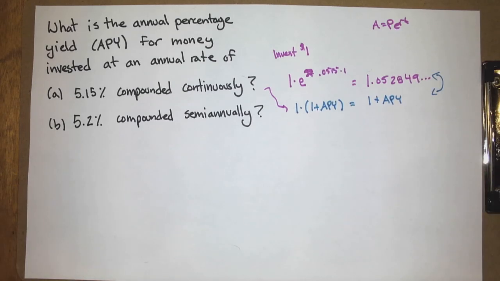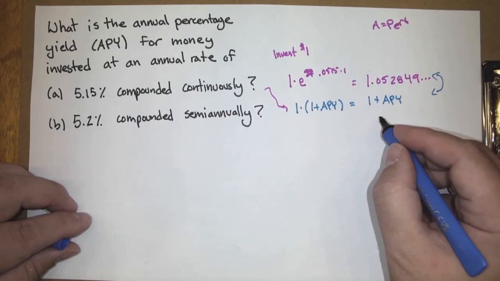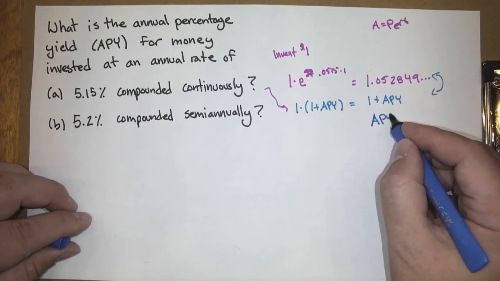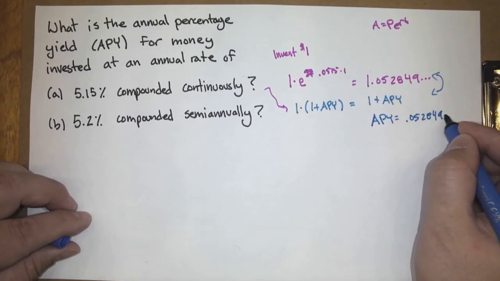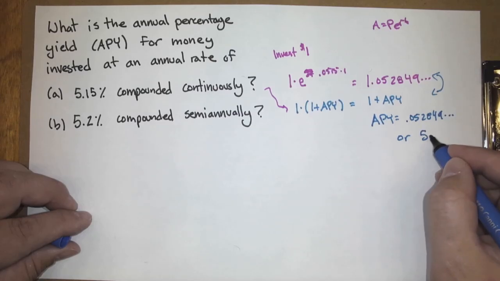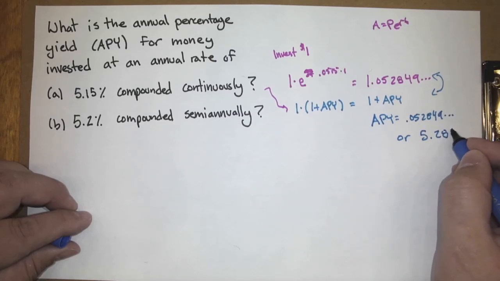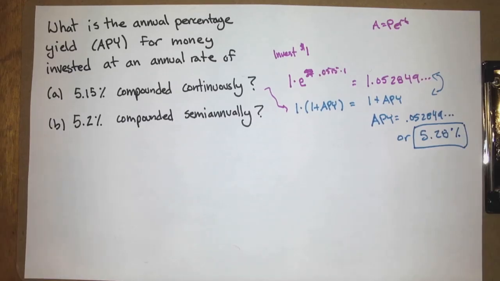Now we can do our subtraction and get annual percentage yield equals 0.052849, and moving the decimal over, we'll round to 5.28%. So if we compound continuously, that's 5.15%, but that's equivalent to saying you get a return of 5.28% if you were compounded yearly.